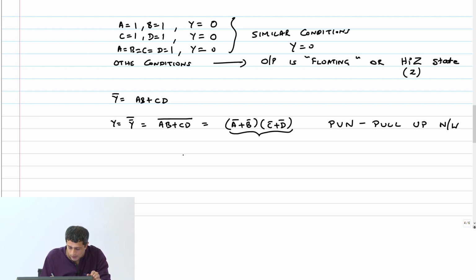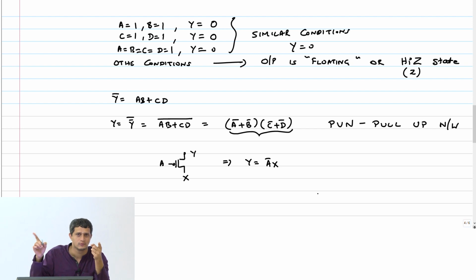Now remember, I told you that a PMOS transistor, the switch is an active low switch. So if I connect an input A like this, and this is some X, Y, it implies Y will be A bar into X. Because A has to go down to 0, assuming that there's a VDD on some other node, right, which will make it the source.